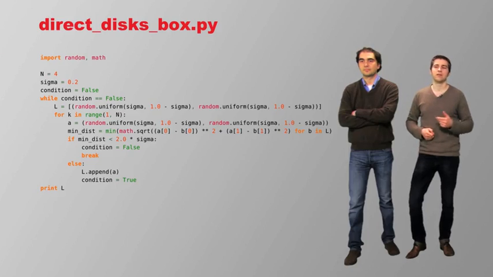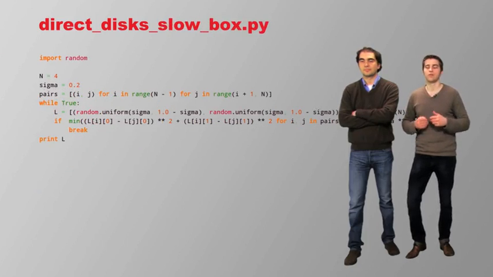And even the slower program, which first samples all the positions and checks for overlaps only in the end. Make sure that you understand that direct disks box and direct disks box slow are, statistically speaking, strictly identical in their output.